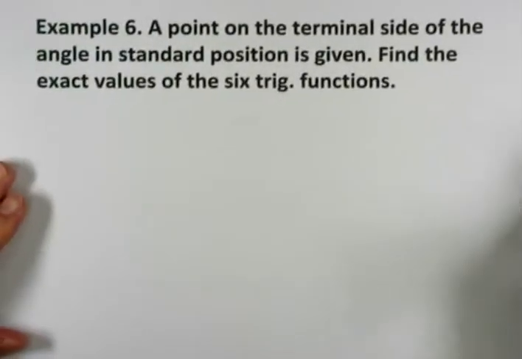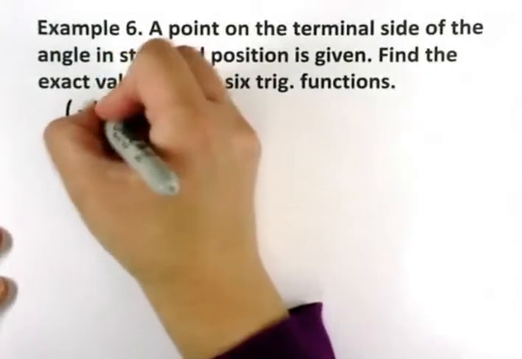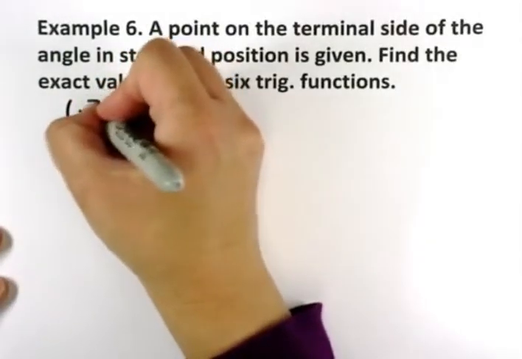Another example. A point on the terminal side of the angle in standard position is given. Find the exact values of the 6 trigonometric functions. So we have the point minus 3 and 4, minus 3 and 4.